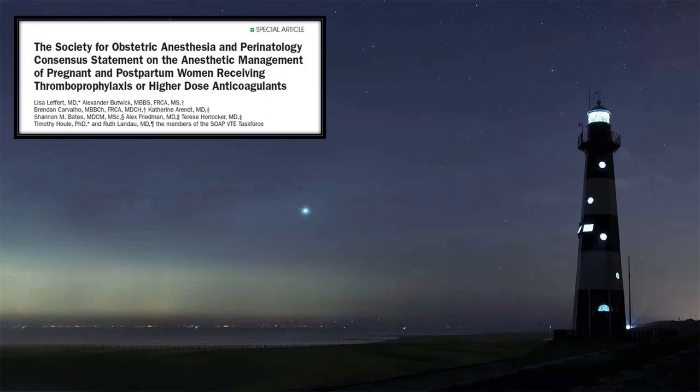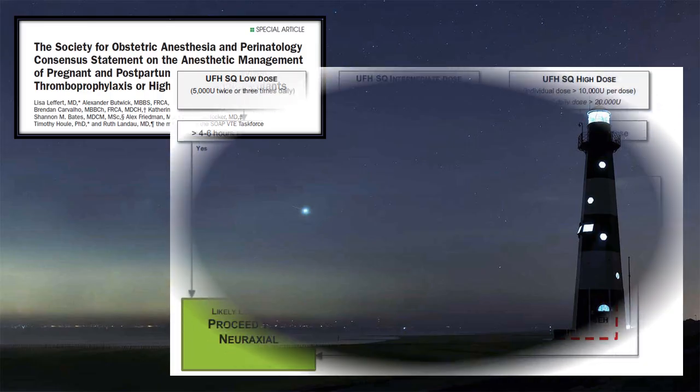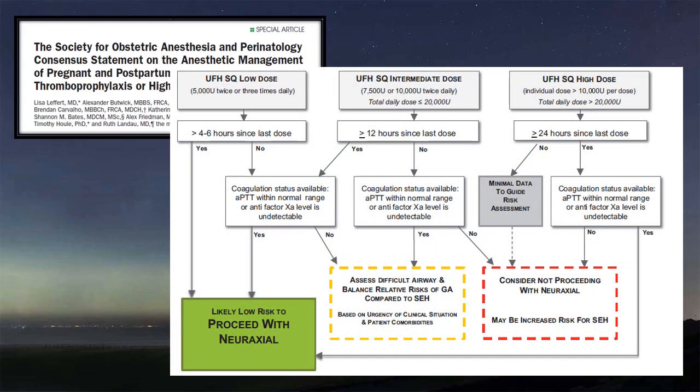The Society for Obstetric Anesthesia and Perinatology consensus statement not only advises on the time interval prior to neuraxial anesthesia, they also advise on the thought flow on how to approach a patient with anticoagulant.